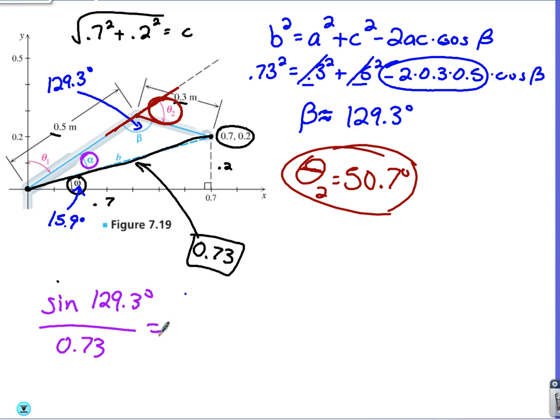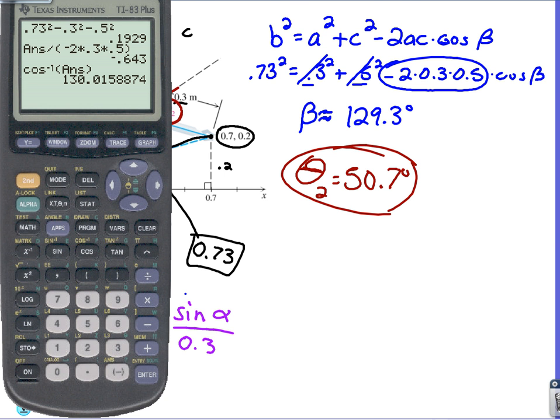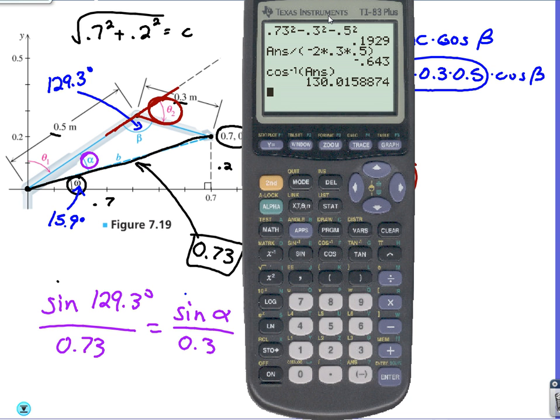Equals the sine of, we're looking for alpha, the sine of alpha over the side across from it, which is 0.3. I'm going to type it in as is. Mary, if you still got it stored, type in the exact. We'll compare the difference.